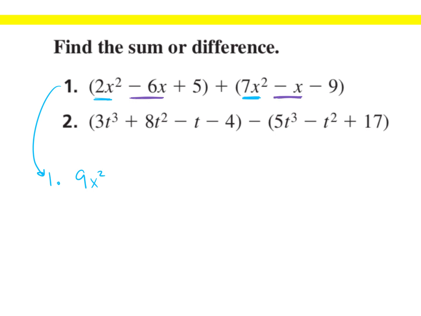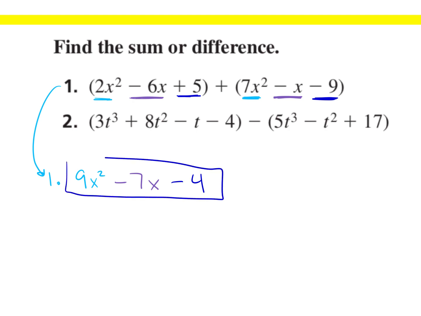Negative x. So what's negative 6x plus negative x? Awesome, negative 7x. And then lastly, what is 5 plus negative 9? Negative 4. It's the same thing as saying 5 minus 9, which is negative 4. So this would be our answer.